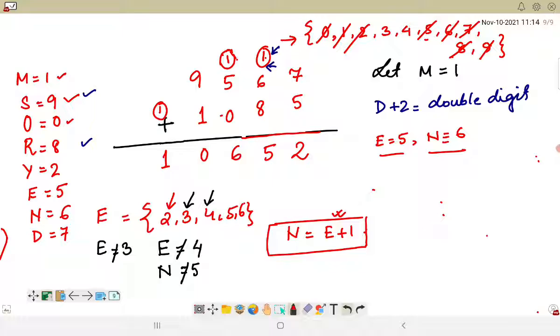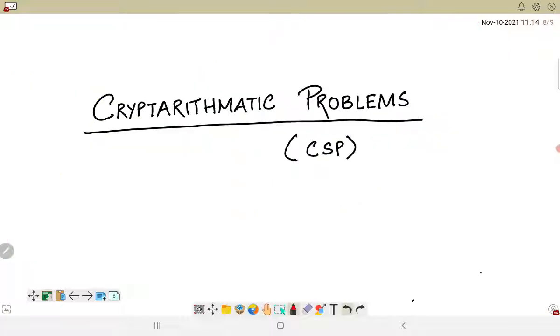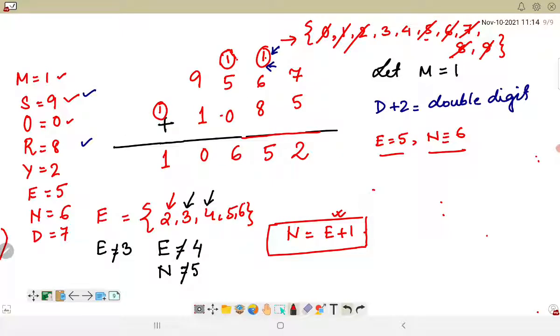As of now, we have to understand that this is one of the primary categories of applications of CSP, the crypt arithmetic problems. And in competitive exams also we get this kind of problems to solve, where there are various representations. One practice problem you can consider for this is EAT THAT APPLE.